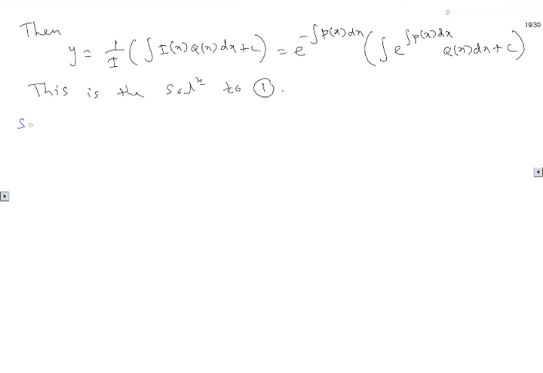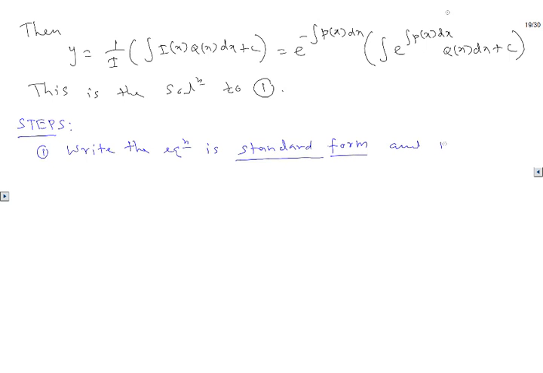So what are the steps we did here? What's the first step? The first step is to write the equation in standard form and identify P(x).